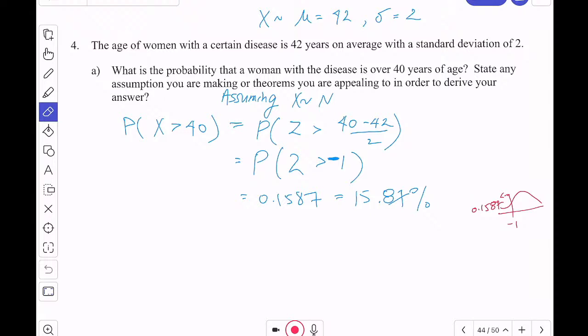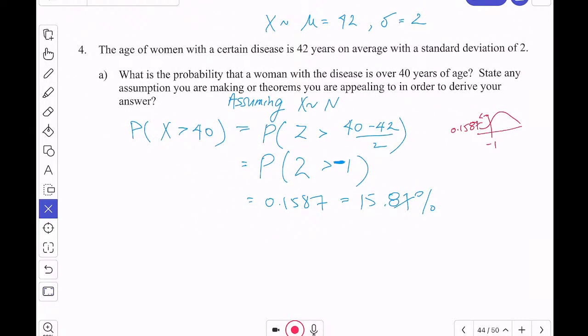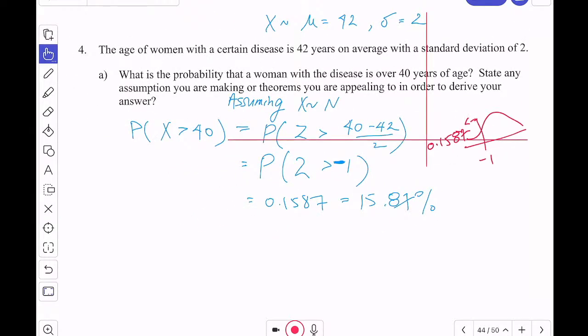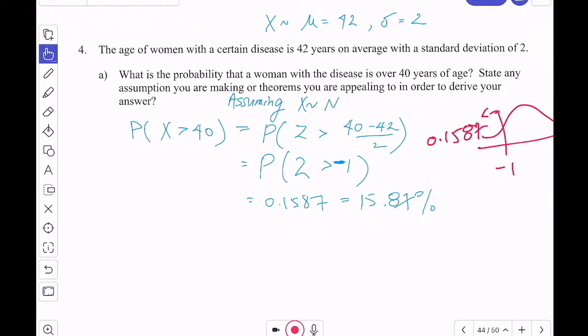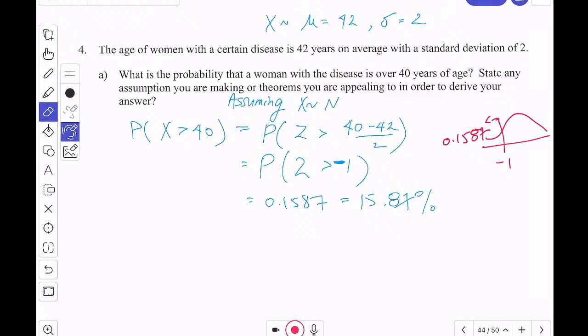So it's really this one. So I did that wrong.